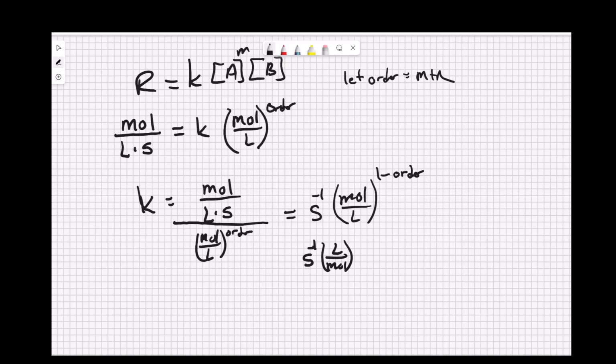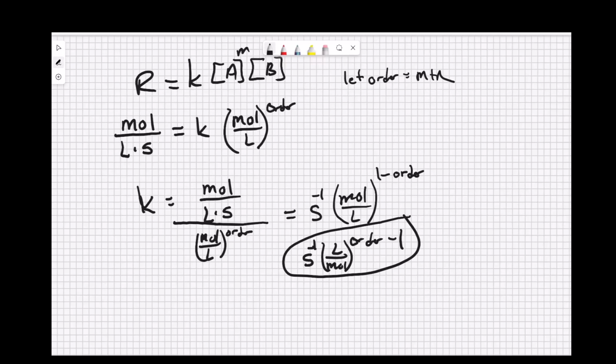And now this is minus, and in parentheses, 1 minus order. So we distribute the minus sign through, and this becomes order minus 1. So the units of my rate constant are going to be this. So I can get the order of the reaction by looking at the units of the rate constant.